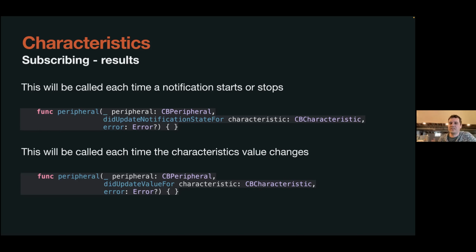Assuming you're observing, anytime the peripheral changes the value of that characteristic, it's going to notify the central, which is this app, and this callback gets made. You have the characteristic right there, so you can interrogate it for the data. Once you have that data, you can do whatever you want. In the demo app, I put a Combine framework in place to interact with my view layer. So hopefully that answers your question.